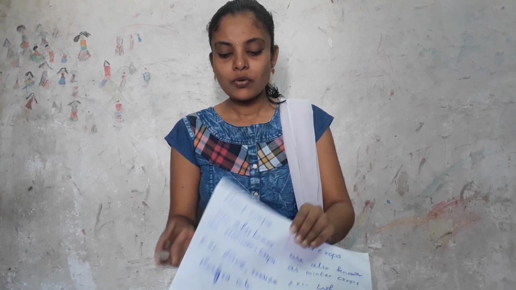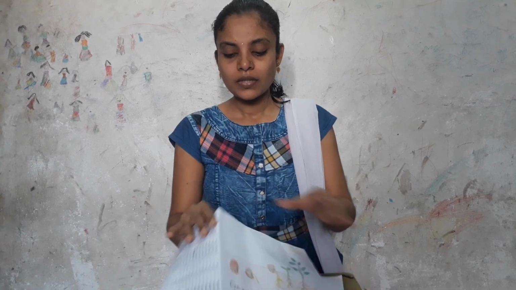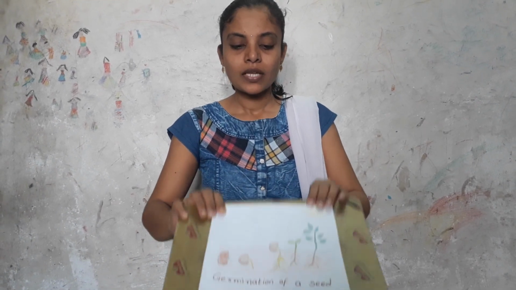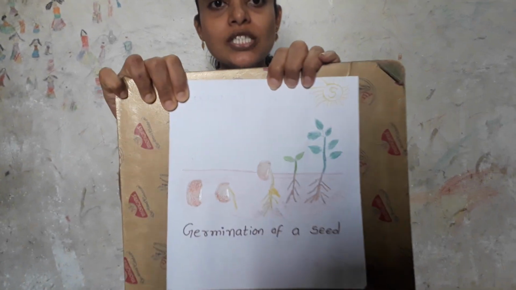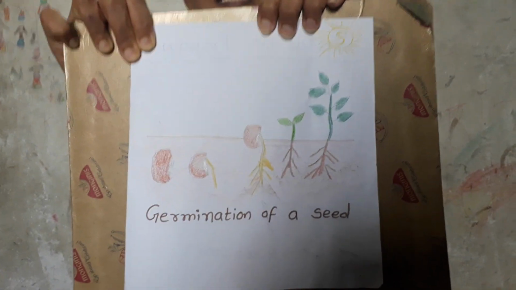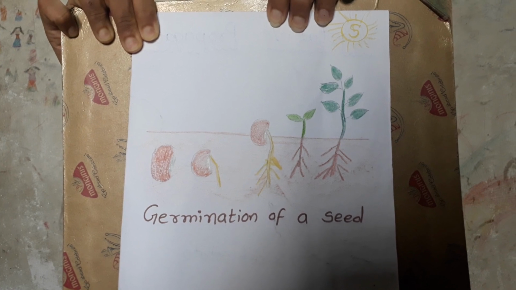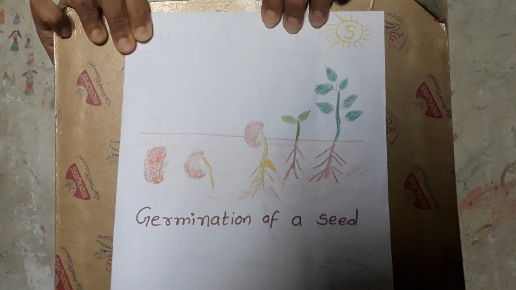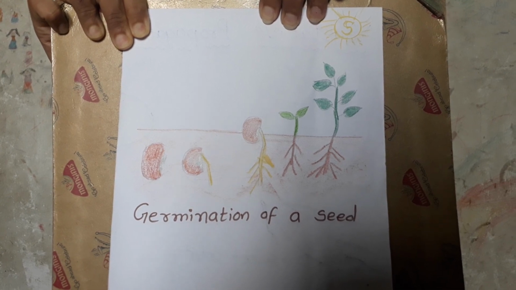Now I am going to give you an activity. In my previous video also I gave you an activity. So today's activity is germination of a seed. By doing this activity, I am sure that you will enjoy. With the help of your parents, you can do this activity.